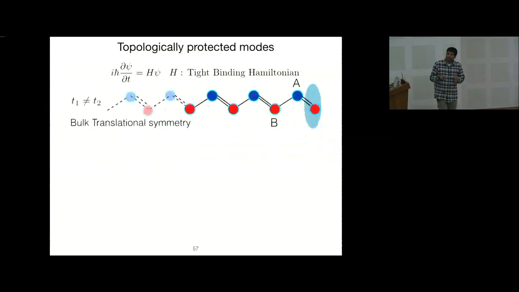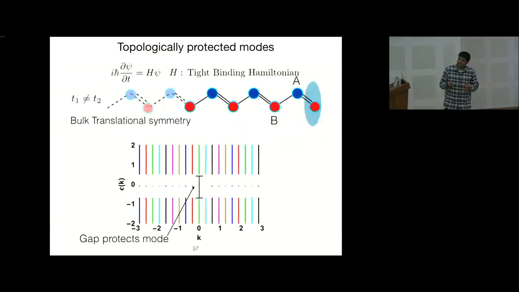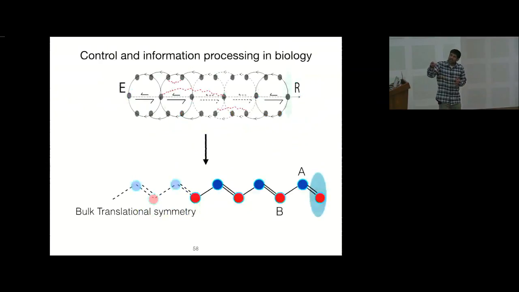And what we found is that networks like this, which occur in proofreading, adaptation, and microtubules, all share features that can be mapped onto quantum mechanical models in which you think about electrons hopping on lattices.